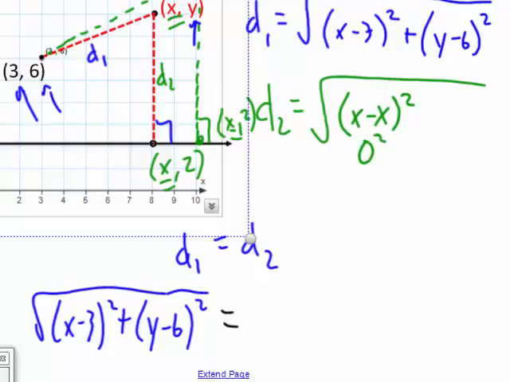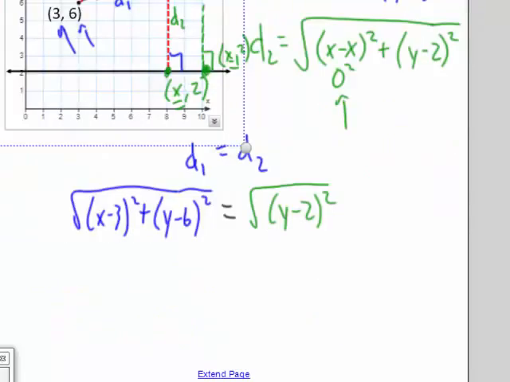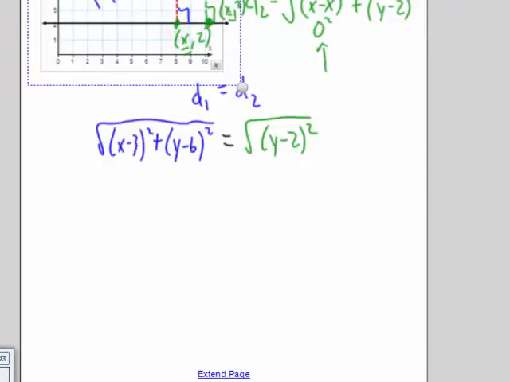So I don't even need to consider that case. And then here we know that it's always going to be y minus 2, right? Because all of these points are going to have a y value of 2. And we square that as well. So when I bring this down, I have the square root of, well, I don't need to consider that 0 squared. So it's really just y minus 2 squared. And then we do the same thing as previously.